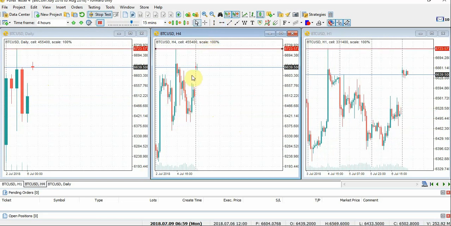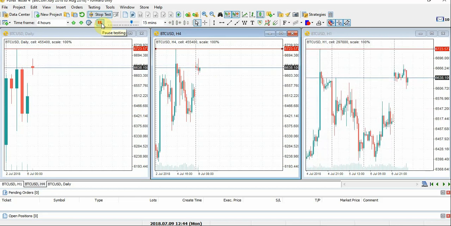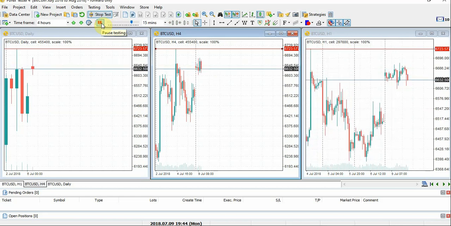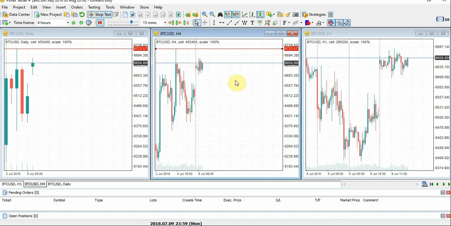What I'm looking for now is a bit of structure, like a higher low or consolidation that will then allow us to insert a breakout order with a stop loss that's fairly tight. Okay, price is consolidating here on the 4-hour, so we can actually try to put the breakout order up there.